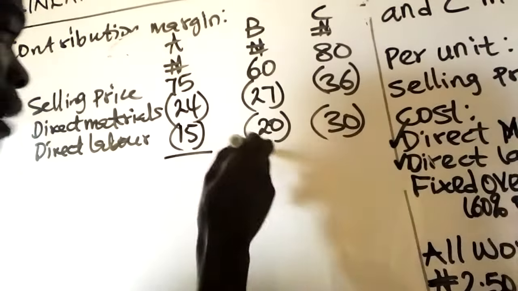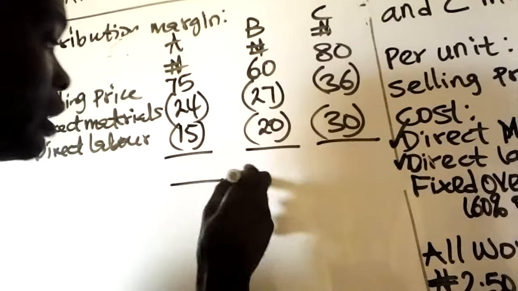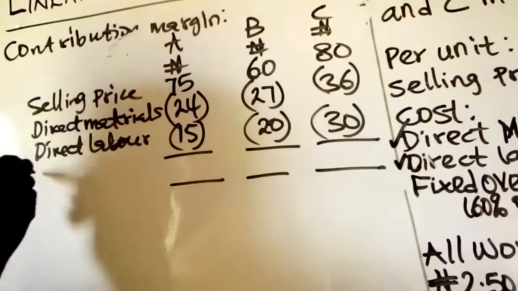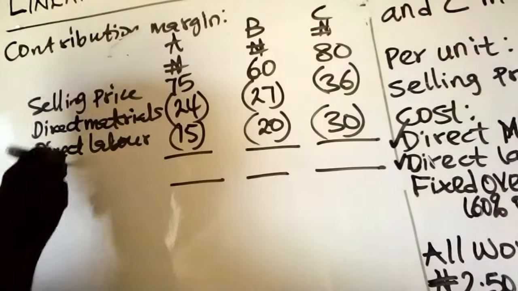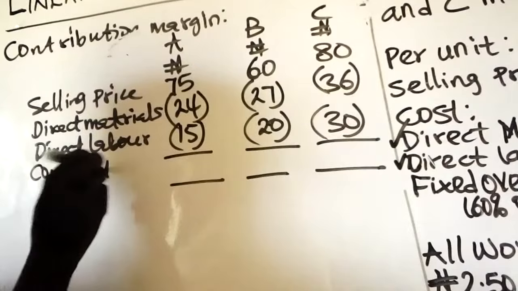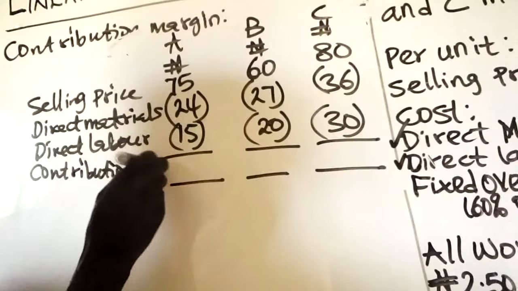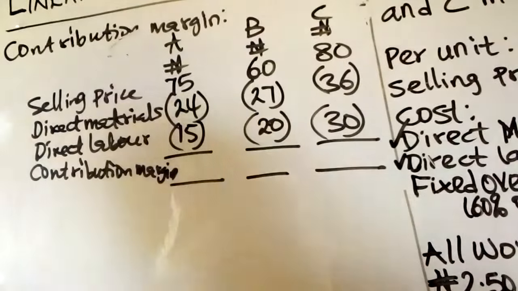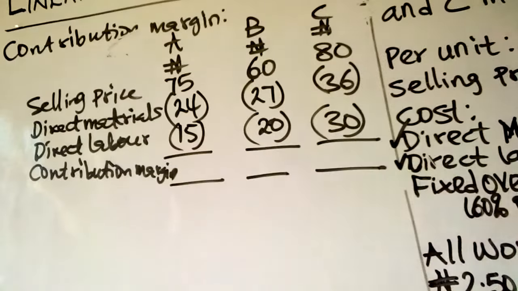When you deduct the variable cost from the selling price, you arrive at the contribution margin. Contribution margin. For A, you have 75 minus 24 minus 15.